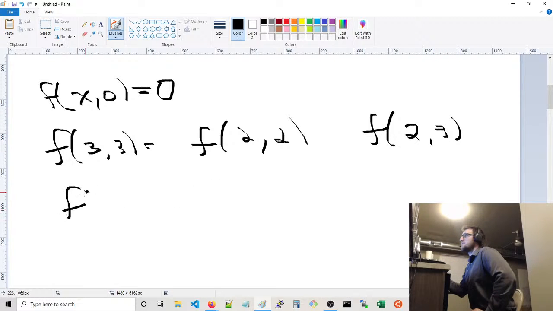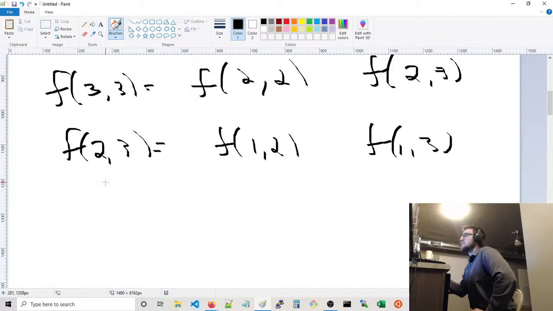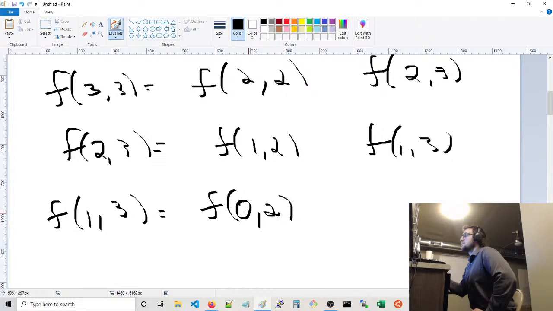And so we have f of 2, 3 will give you f of 1, 2, and f of 1, 3, and then f of 1, 3 will give you f of 0, 2, which I think this would go for a while, right? And f of 0, 3. Oh yeah, that's why this goes on forever, right?